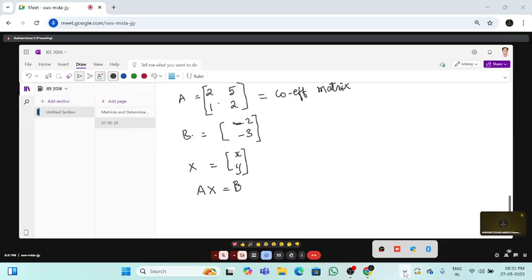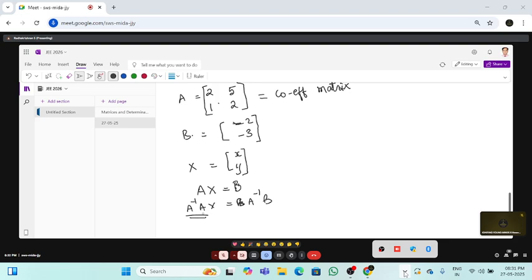Now you pre-multiply by A inverse on both sides. A inverse A is I, so this goes away.